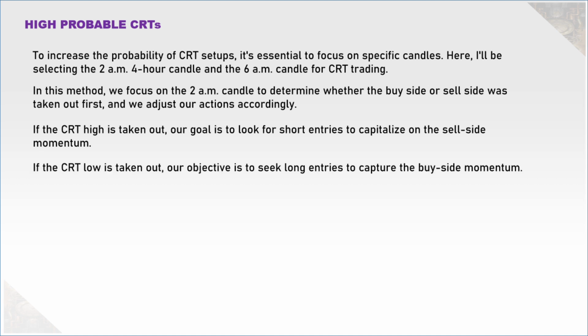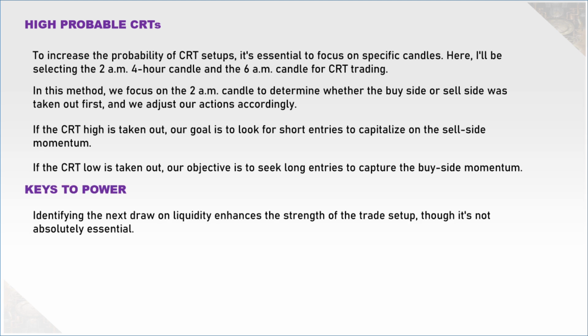And if the CRT low is taken out, our objective is to seek long entries to capture the buy side momentum. Now, keys to power: identifying the next round liquidity enhances the strength of the trade setup, though it's not absolutely essential. You can use it, but it's not essential. But if you're looking at the round liquidity, then it would be high probable, right?